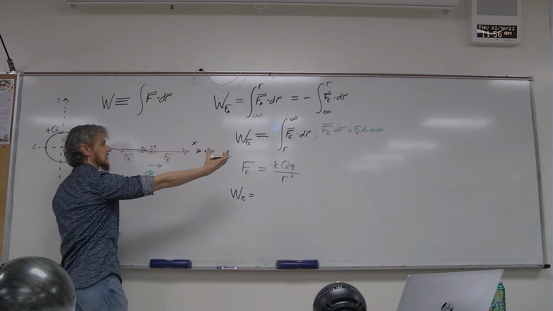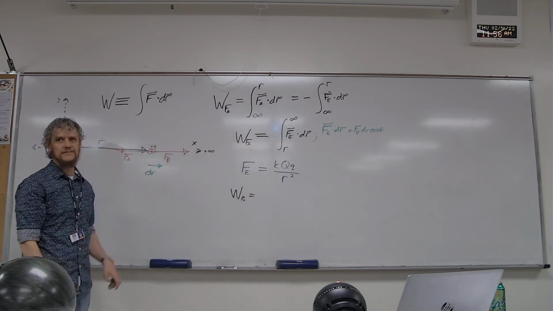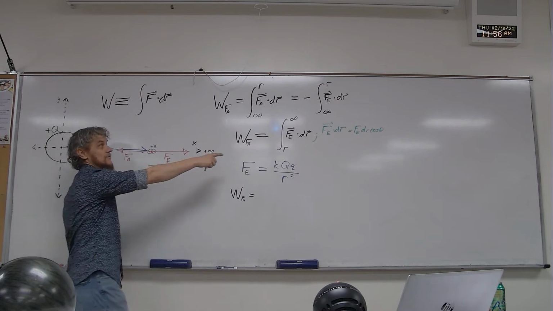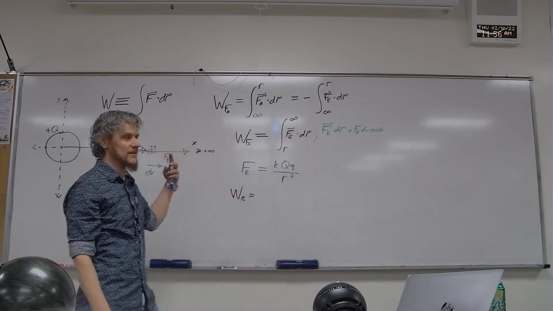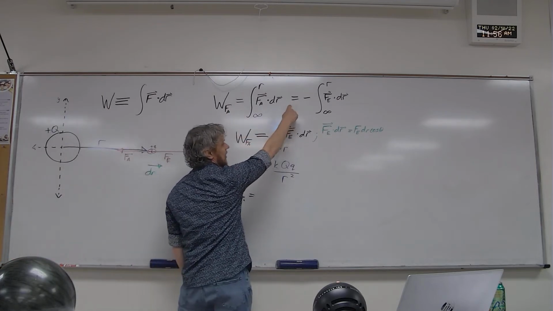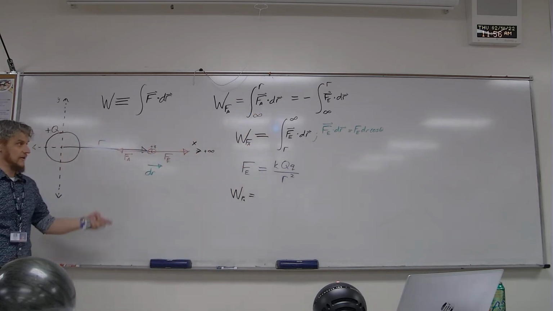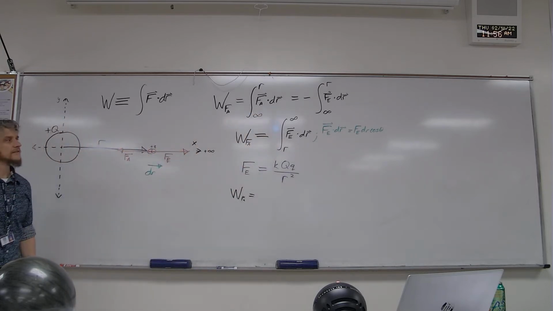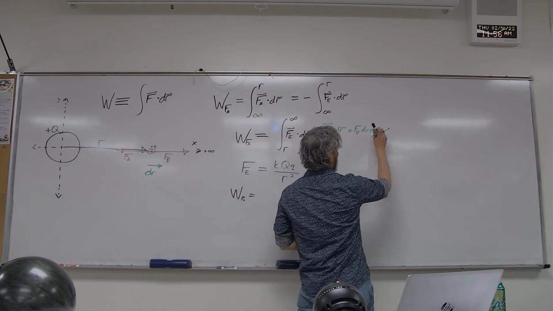Not because we're actually bringing the charge over there, but because of the equivalence of the statements and because the math is telling me what's really going on, which isn't what's really going on, because I'm really not taking a charge from infinity and bringing it here. But mathematically I am. And then I realize that mathematically that's the same result as doing an integral of the electric force dotted with dr going the other way. So all that to say that the cosine of the angle here is a positive one.